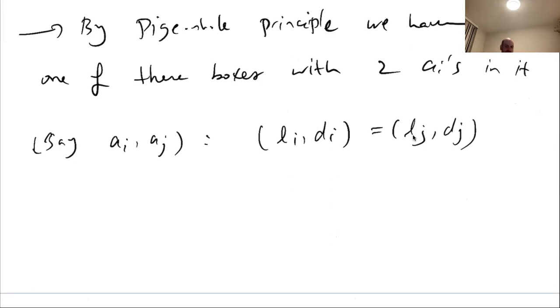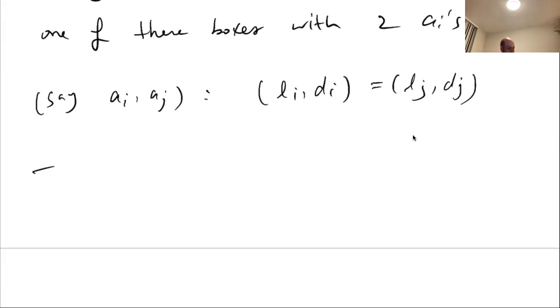Now, you know this from pre-calculus, that if two pairs are equal to each other, I can conclude that the first coordinates are equal and their second coordinates are also equal. Thus, Li equals Lj and Di equals Dj.